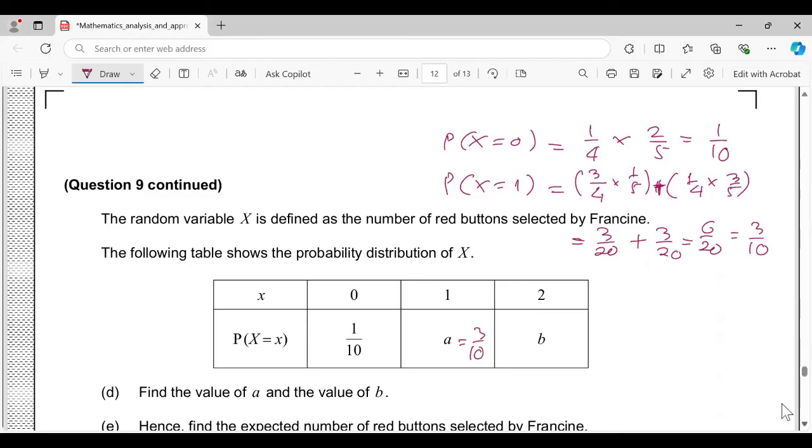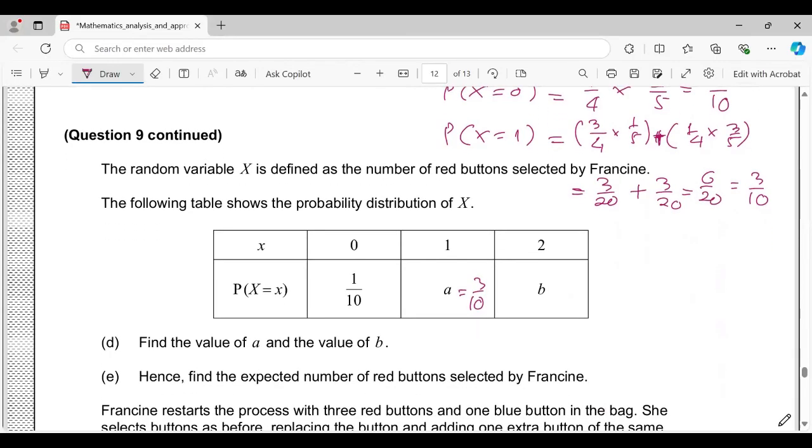Next, probability. I'm going to write here. X equals 2, X equals 2 reds. If 2 reds, it means red, red. So it is 3 over 4 multiply 4 over 5.